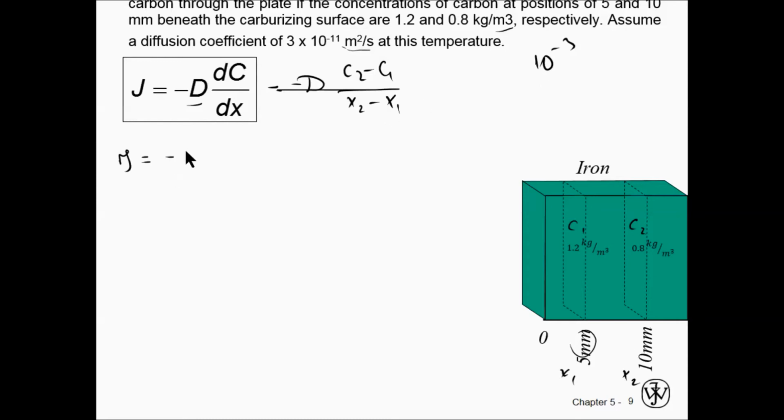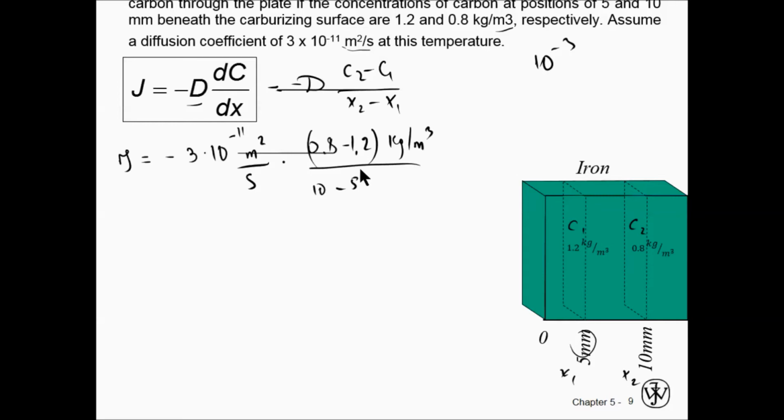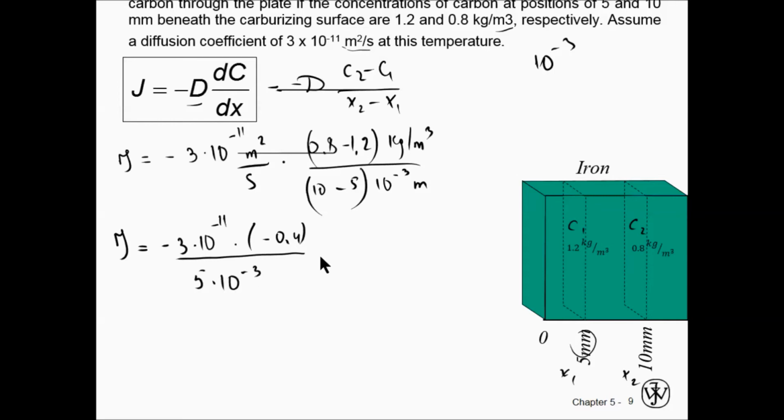So negative 3 multiplied by this, C2 0.8 minus 1.2 kilograms per cubic meter over X2 is 10 minus 5, 10 to the power of negative 3 meters. So if we calculate this, it will be multiplied by negative 0.4 over 5, and the units.